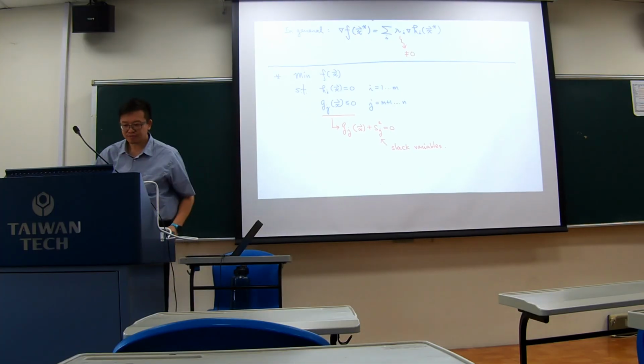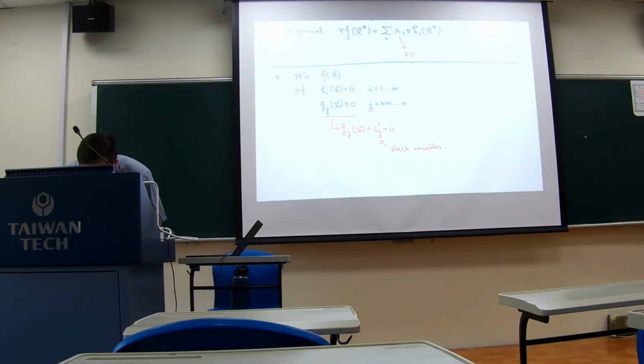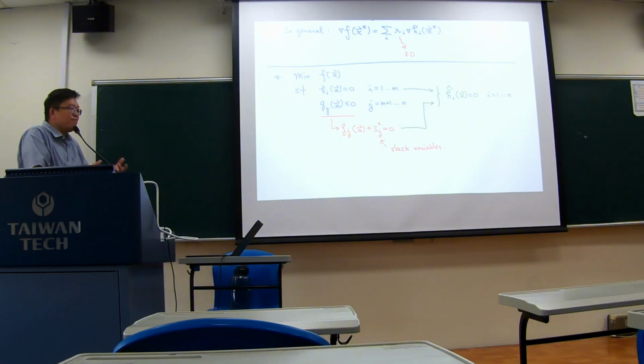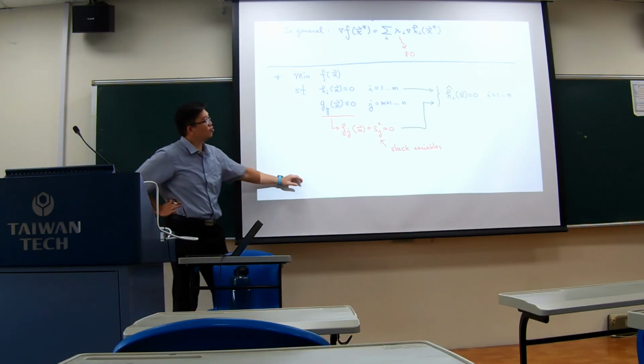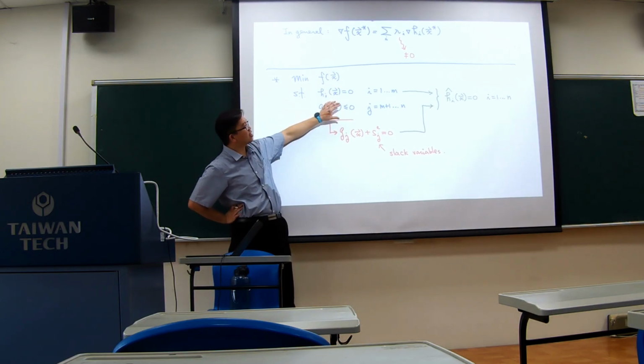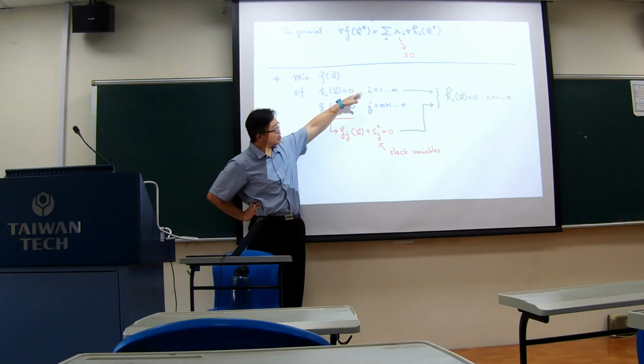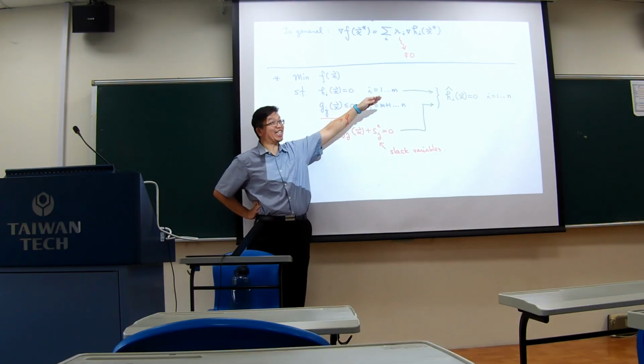So overall, everything together, you can have hi hat of x equals 0, where i goes from 1 to n. You can combine them and just rename them as h hat, because they are all equality constraints. You have n of these, and the rest will be n plus 1 to m. So in total, from 1 to m. Okay?